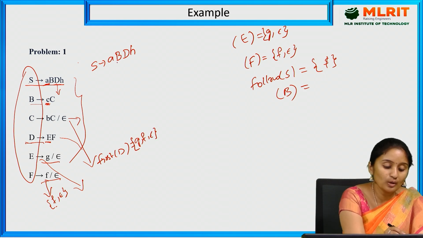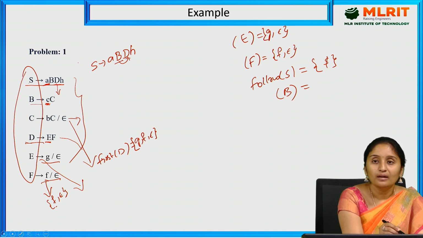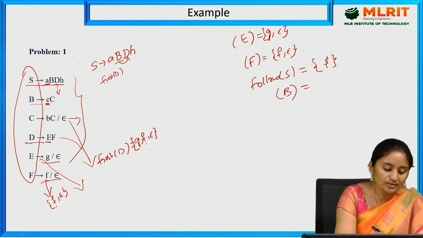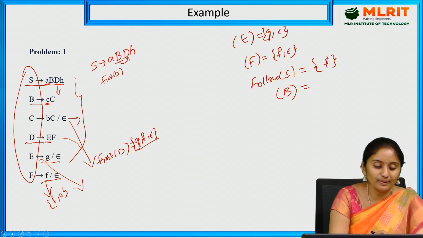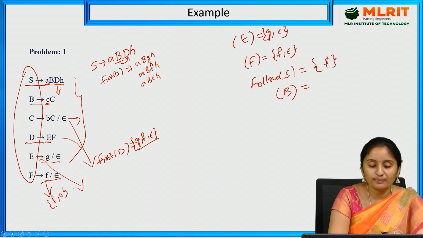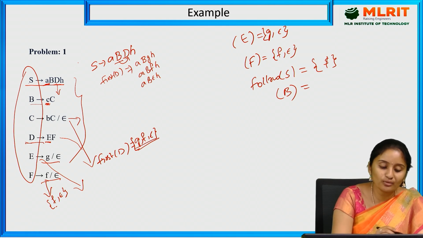So here, follow of B is nothing but B is followed by D. D is a non-terminal, so we calculate first of D, which is G, F, epsilon. So here I am going to substitute A B G H, A B F H, A B epsilon H. These three are going to be substituted.